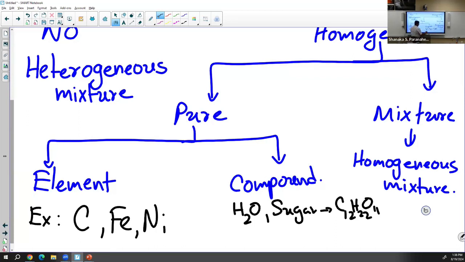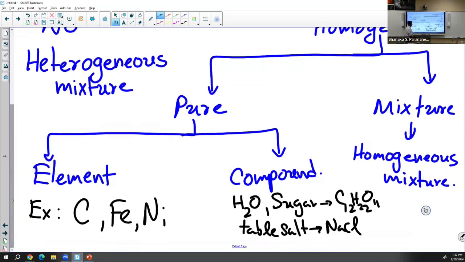Or like table salt, sodium chloride. There are a lot of compounds. If we take just pure water, just one type of substance, and it's evenly distributed, it's a homogeneous pure compound. And if it is a homogeneous mixture, it's going to be like sweet tea.